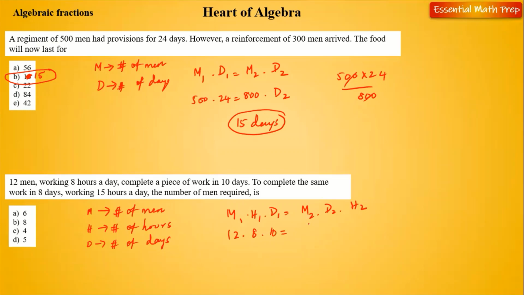Second, we need to complete the same work in 8 days and 15 hours, and we don't know the number of men, so let's call it X. So X equals 12 times 8 times 10 over 8 times 15. That's 8 men. So the correct answer is B.